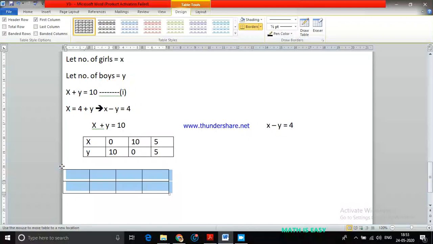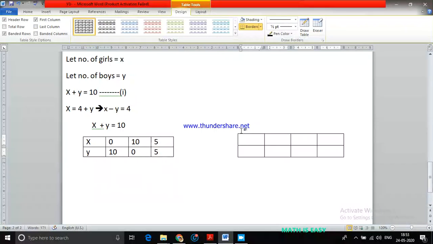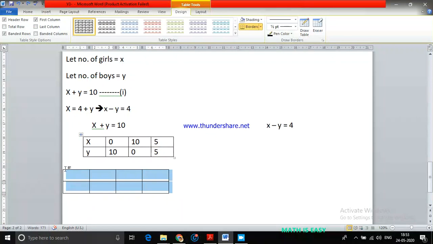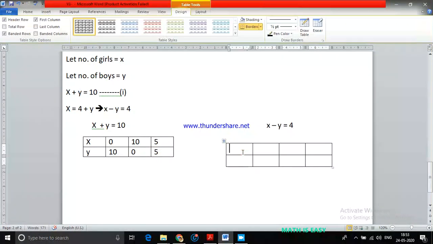So these are the practical problems. Here this is x, and here I get y. So put x equals 0. If x equals 0, y will come as -4.